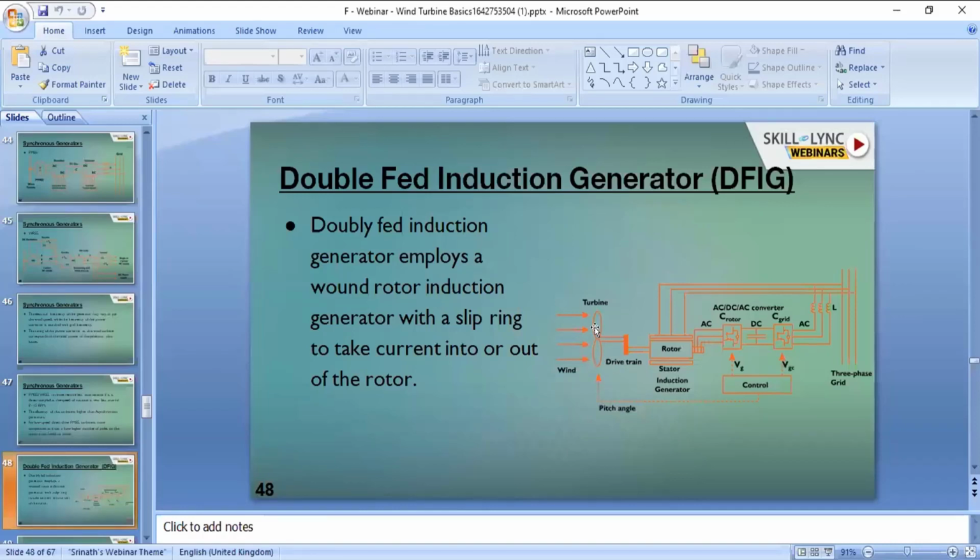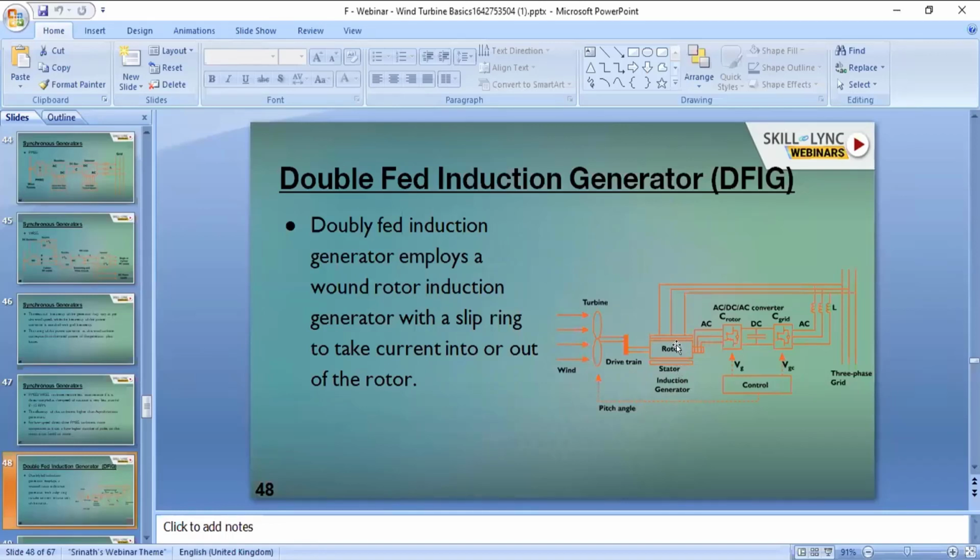Say for example, the RPM of the turbine is approximately 15 RPM. If the ratio is 100, this rotor is moving at say 1500 RPM. So with a 4-pole asynchronous machine, this will be a 1000 RPM induction generator.